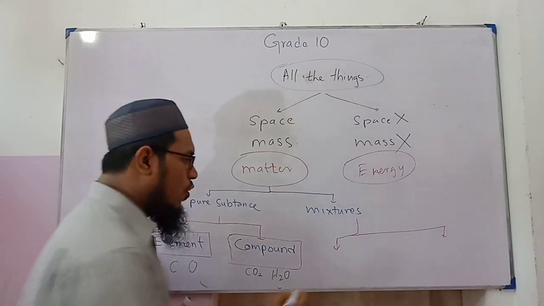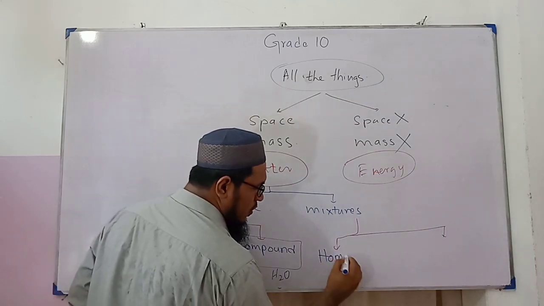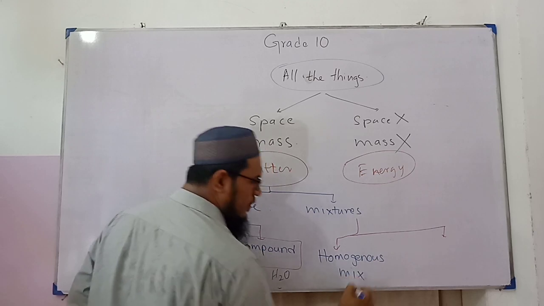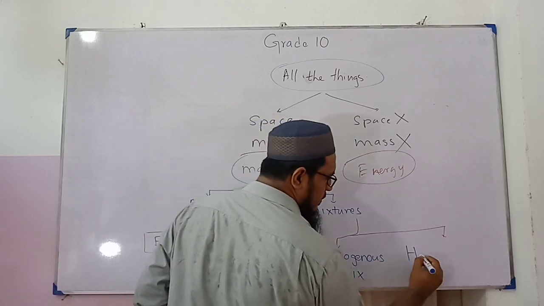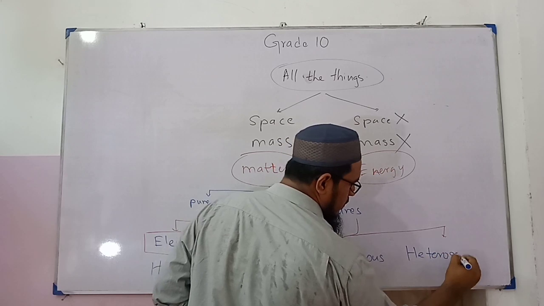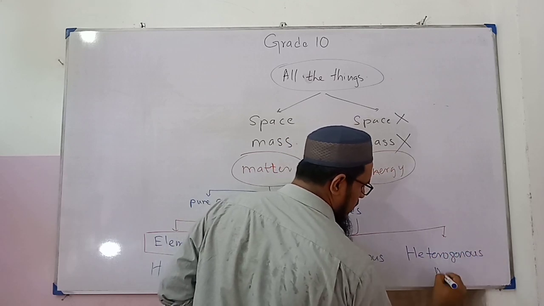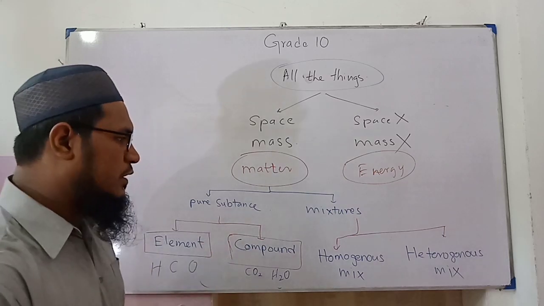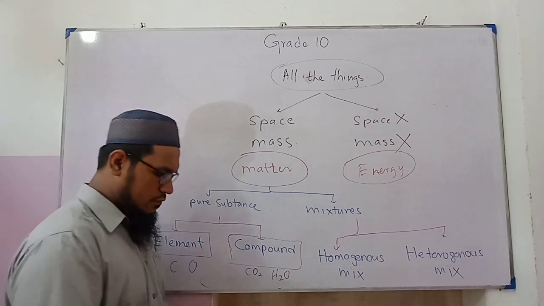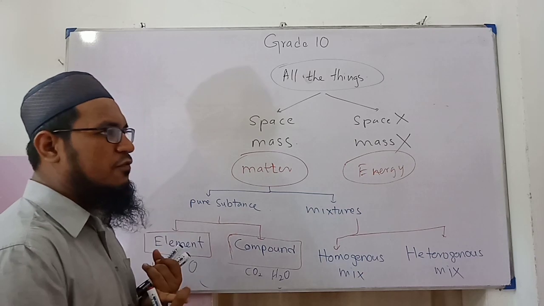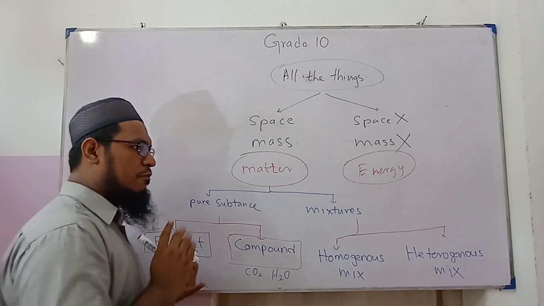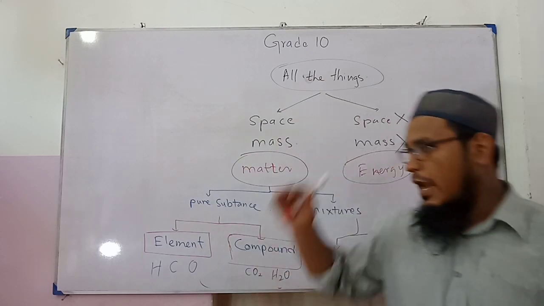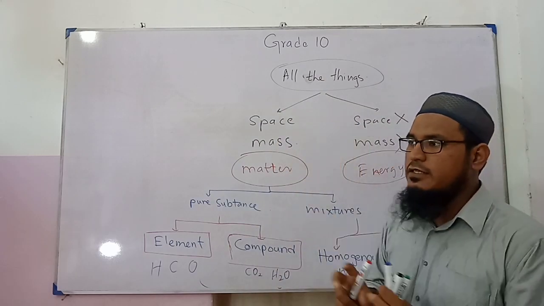First one, homogeneous mixture, and second, heterogeneous mixture. Homogeneous mixtures are mixtures which have the same amount of substances, same physical properties, same concentration at any point of the given substance.